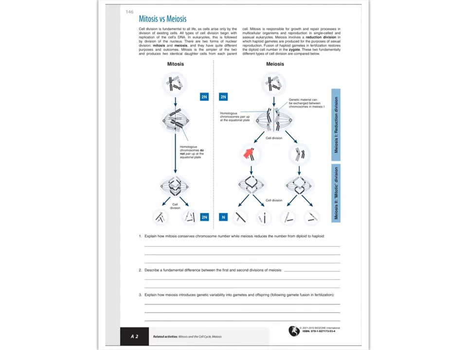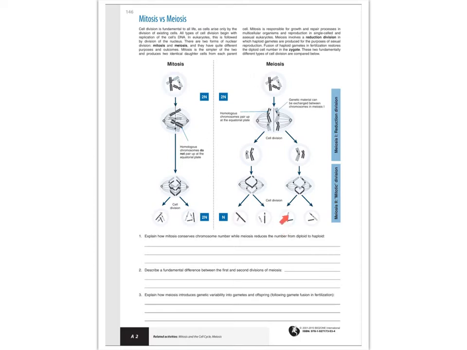So the first division separates the homologs, as you see here. The second division separates the sister chromatids. Because of that, when you separate the chromatids, you only have one chromosome in each cell. And you'll notice that each cell is different. This is a solidly, I think this is supposed to be maternal chromosome here. And here you have a maternal chromosome with a little bit of father's DNA in it.